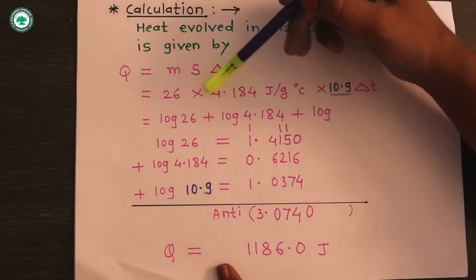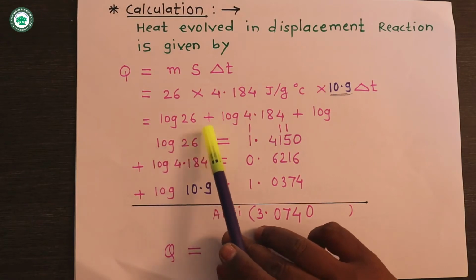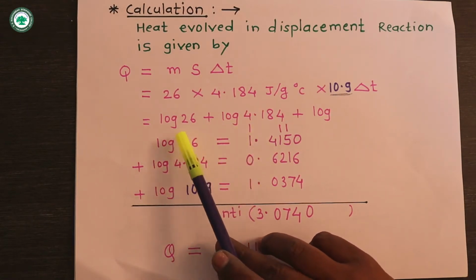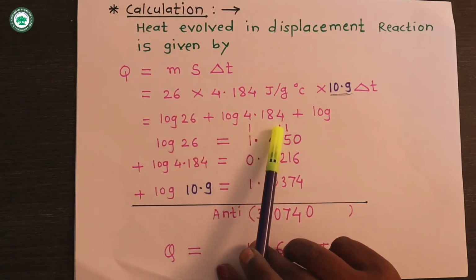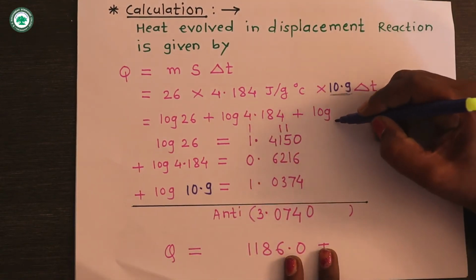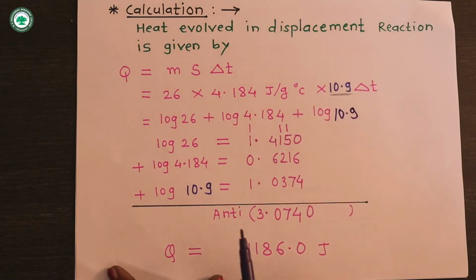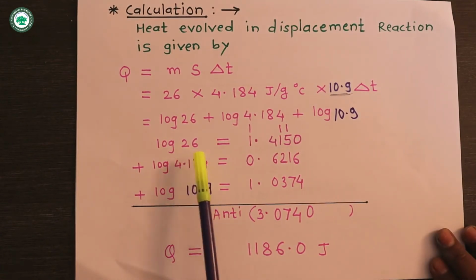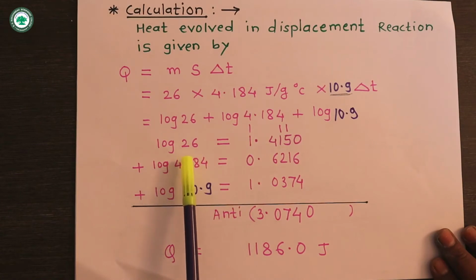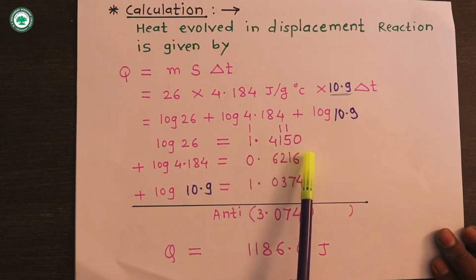So here all the values are multiplied, so we have to do the summation of logs. So log of 26 plus log of 4.184 plus log of 10.9. Now let us consider log of 26. This 26 is a 2-digit number, so the characteristic of this number is 1. We have to see the log of 26 into 0, and that is found to be 4150.